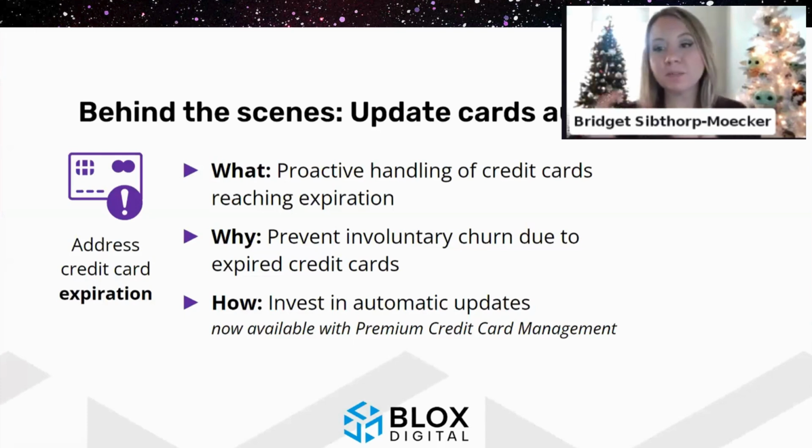So let's start with some behind the scenes stuff. I know that with newspapers everywhere and any publication, any media organization, most places have to do more with less these days. And so to the extent that we can automate some of these processes for you, that will help and reduce strain on your staff as well.